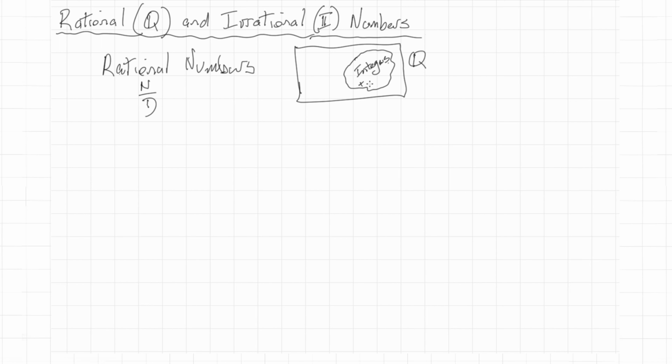So the number 6 can be expressed as 6 over 1, so that's why it falls into the category of rational numbers. And we could also have, say, -2, which is also equal to -2 over 1. So still a ratio of two integers.